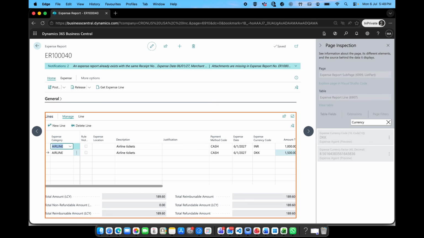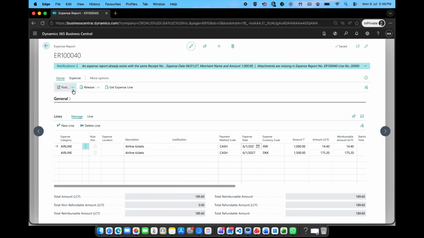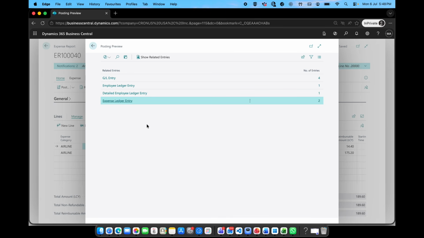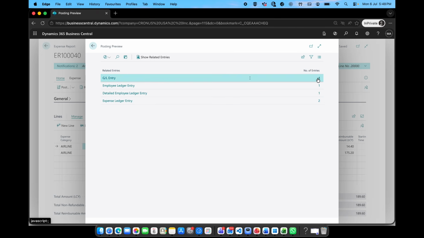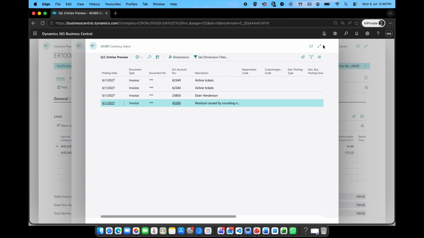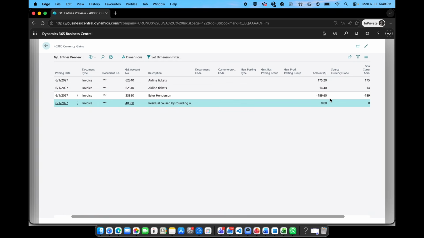Okay. Now, what happens if I try to post this? Because right now it's considering this rate, and if I post it, let's see what happens. So if I post it, it goes here to GL, and it all matters when it goes to GL, right?